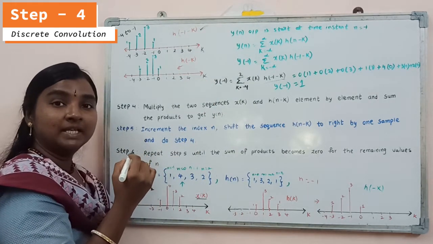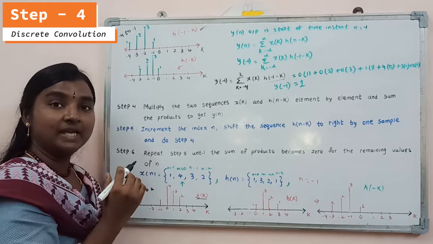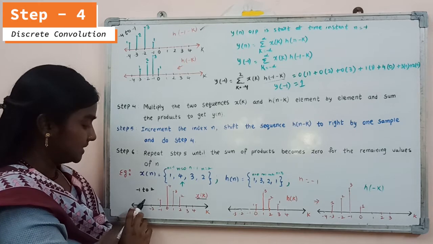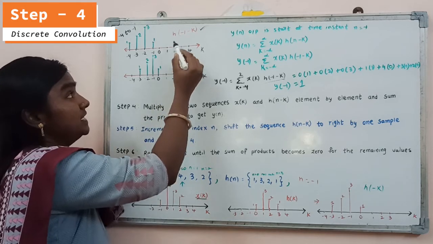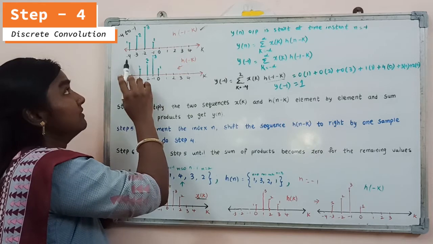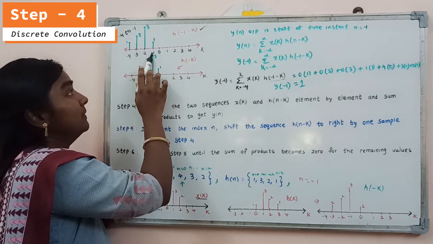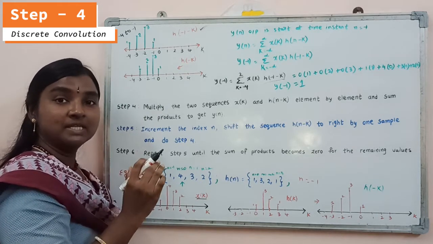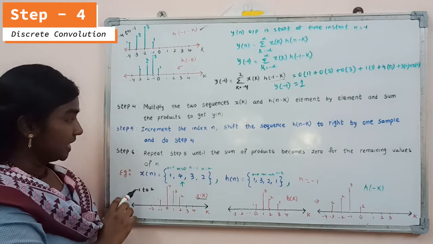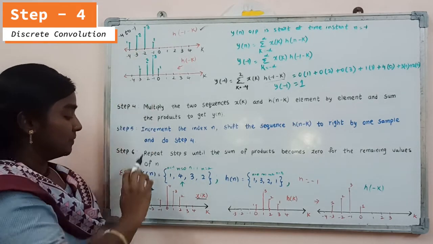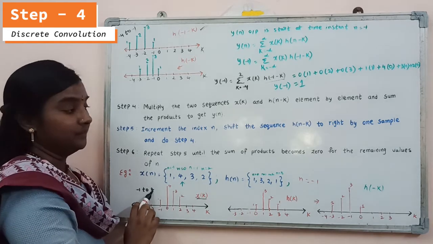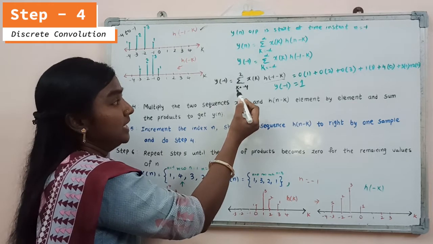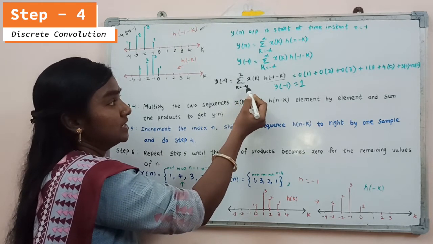Now by considering the time instances regarding x of k and h of -1 minus k, here the x of k signal time instances are from -1 to 2, and h of -1 minus k signal time instances are from -4 to -1. So the common time limits for both the signals, by considering the most negative number -4 to the most positive number 2, so here the summation limits are going to be from -4 to 2.